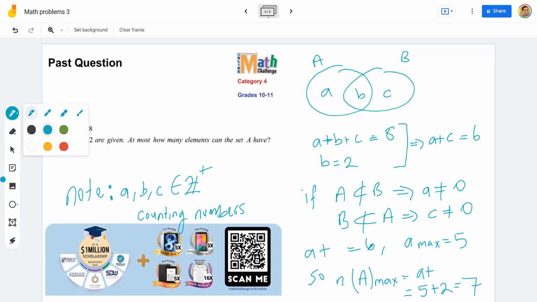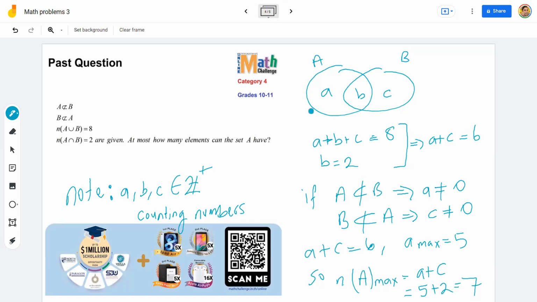Okay, so if A plus C is 6, that's why maximum A will be 5, because we chose C as 1, A as 5. So maximum A value is 5.